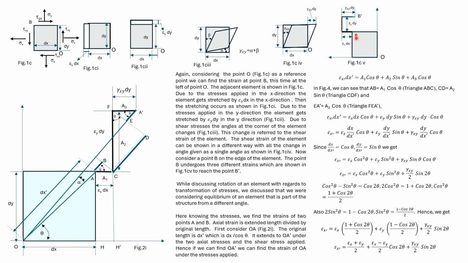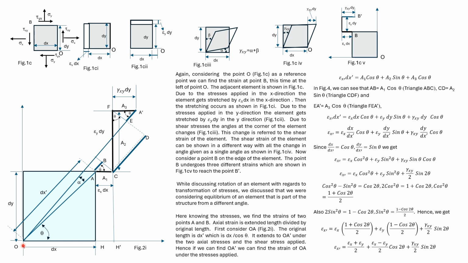You can see that the strain of point B is different to the strain of point A we discussed earlier. This is a magnified diagram of the strain of point A. So A has moved to A dash as was discussed earlier.